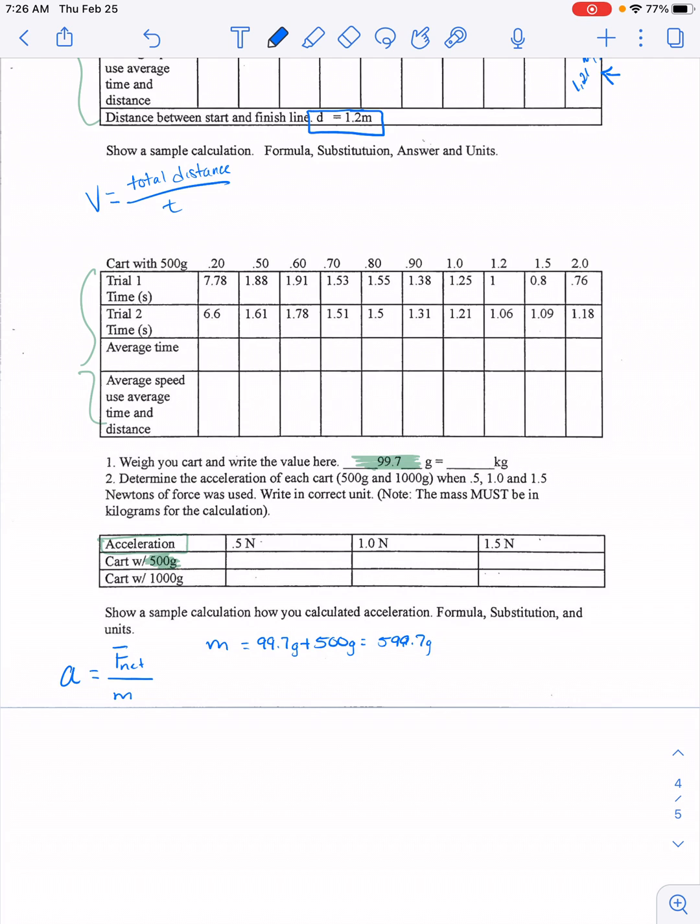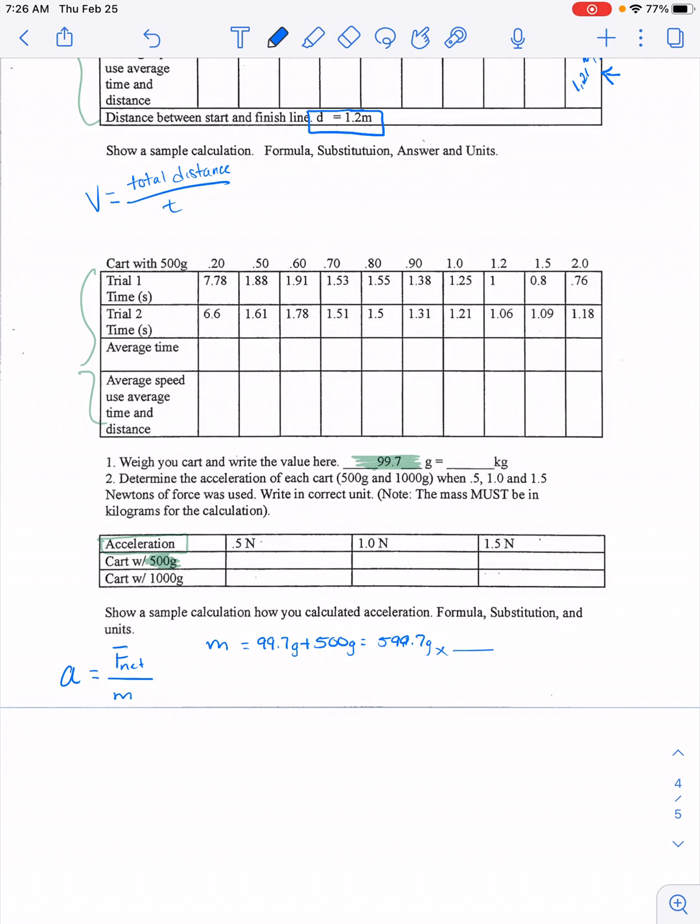The carts have different masses, but the important thing is when we plug it into Newton's second law, we need to make sure that our mass is in kilograms, because a Newton divided by a kilogram is equal to a meter per second squared, not a Newton divided by a gram.